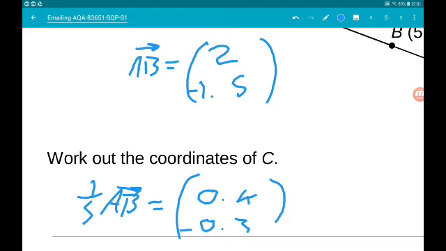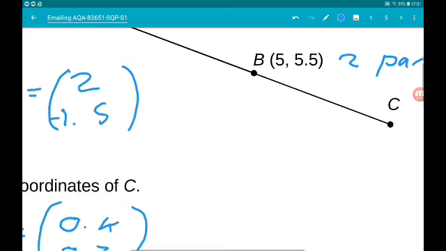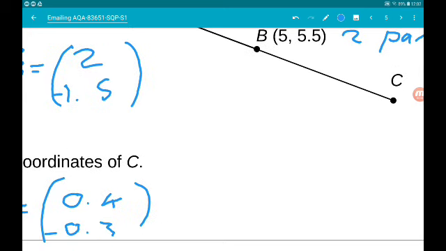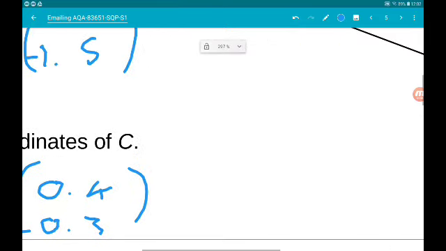So now we know what one part of this line is, or how we get along one part of this line. So to get from B to C, we are going along two parts of this line, or two lots of this vector.